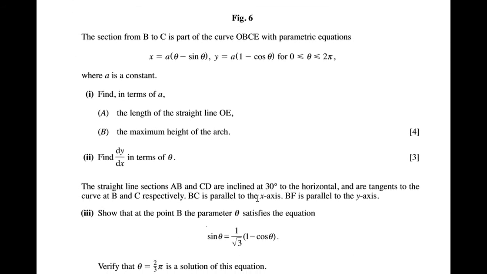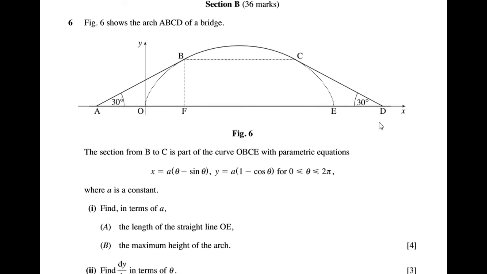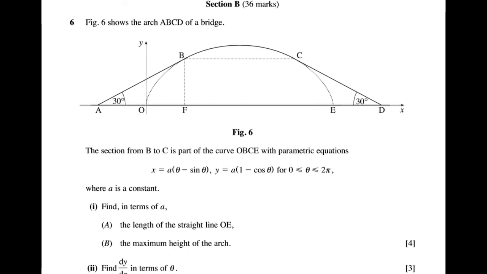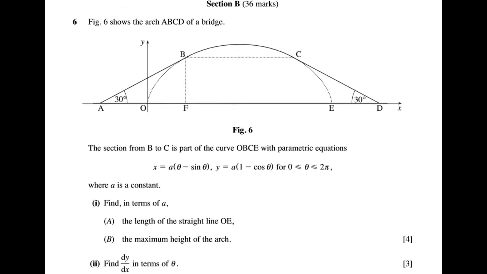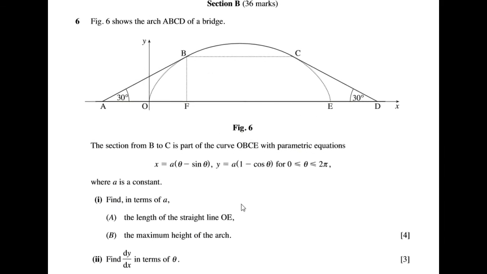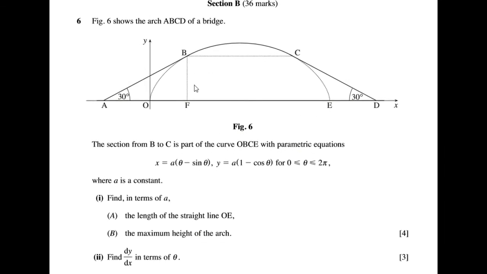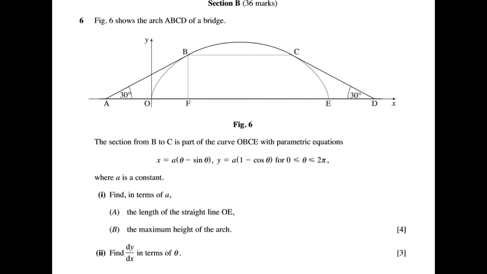Straight line section ABCD is inclined 30 degrees to the horizontal, tangent to the curve at B and C, and parallel to the x-axis, BF parallel to the y-axis. Okay, show that point B with parameter theta satisfies this.